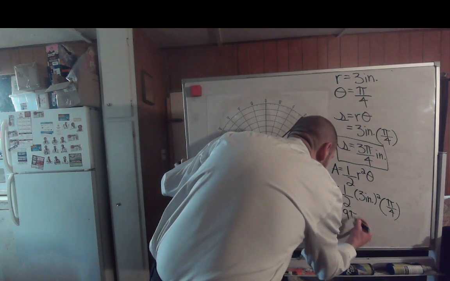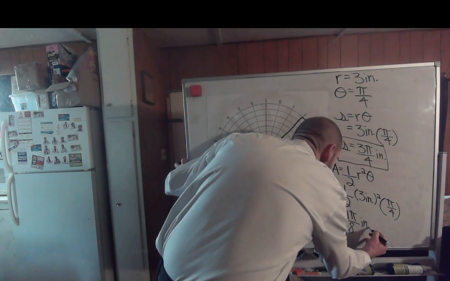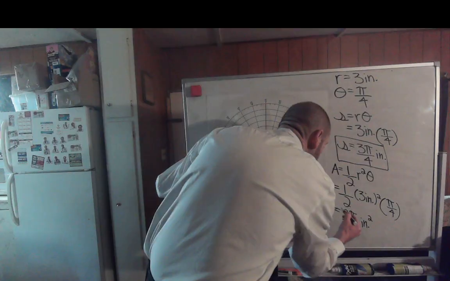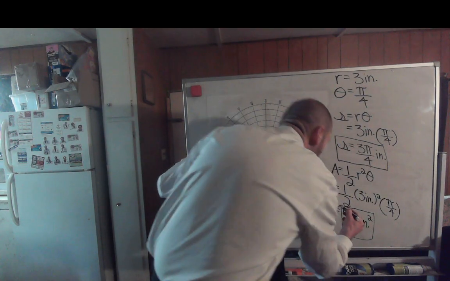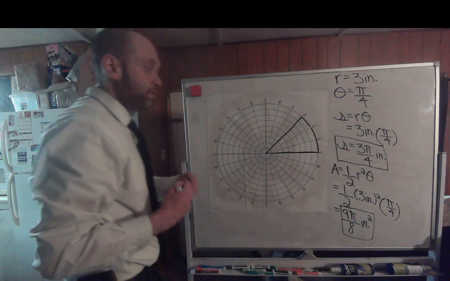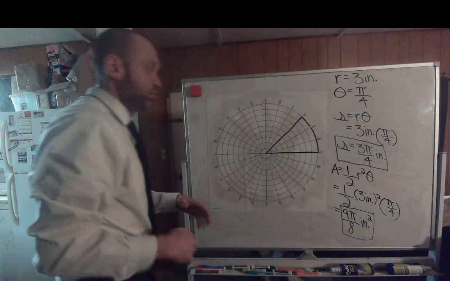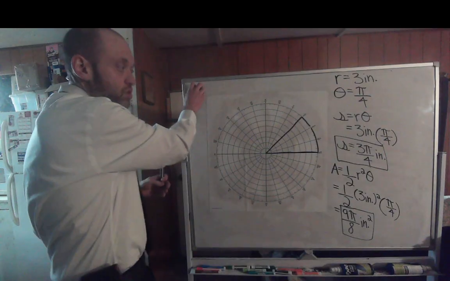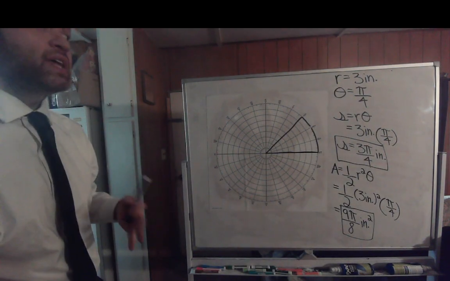What you should get for your area is 9 pi over 8 square inches. So the area of this sector would be 9 pi over 8 square inches. And of course you can get a decimal approximation for that if you so choose.